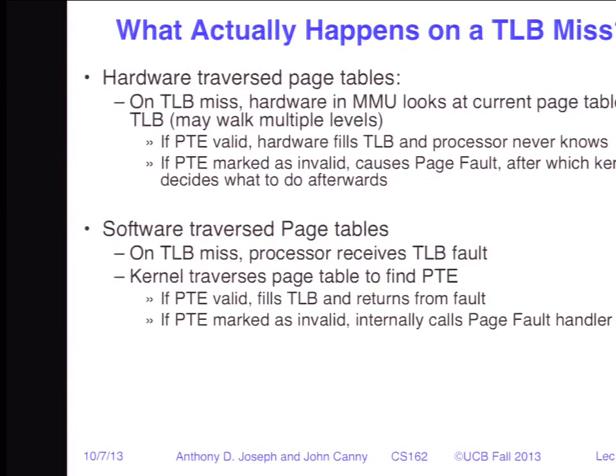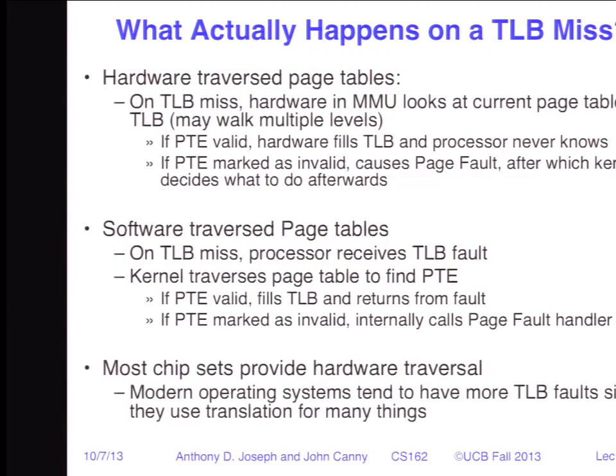So architectures like the MIPS use a software traversed page table. Architectures like x86 use a hardware traversed and managed TLB. Many chipsets, though, give you the option of doing it either way. In software, we can potentially do a better job, but it'll be slower.